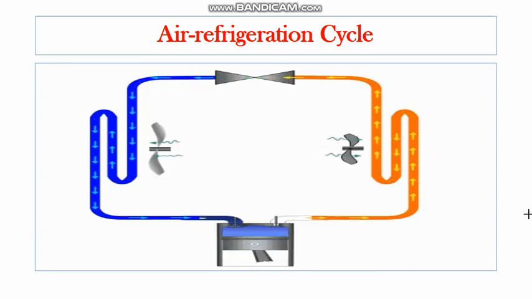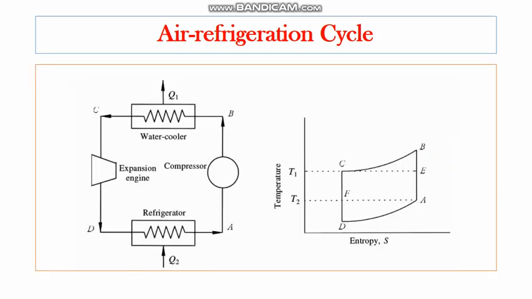So this is about the air refrigeration process. You can see the animation of the air refrigeration process, and the line diagram here. The air is sent to the compressor. Here your pressure is increasing, and it is a constant entropy process. From here it is sent to the cooler.